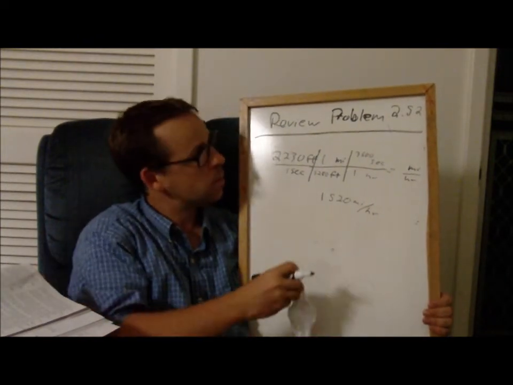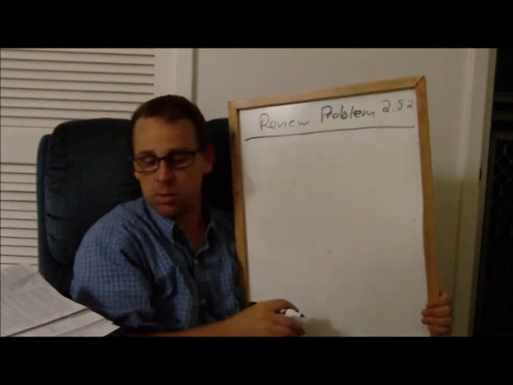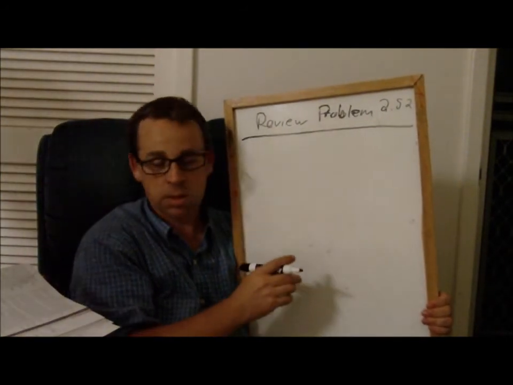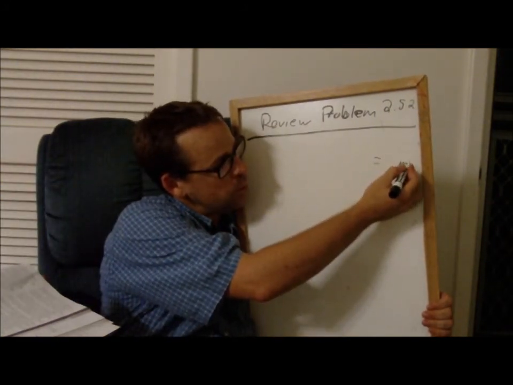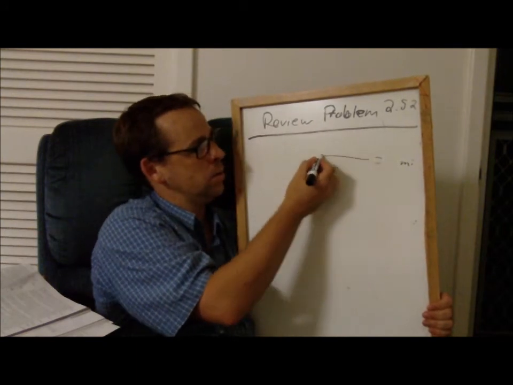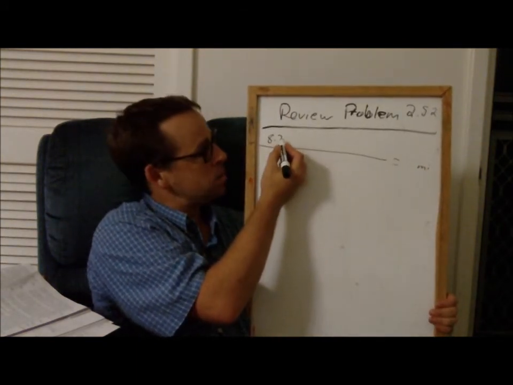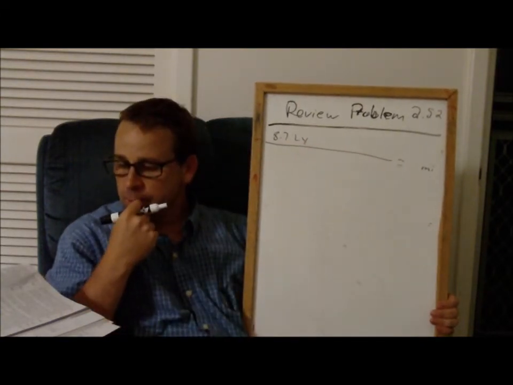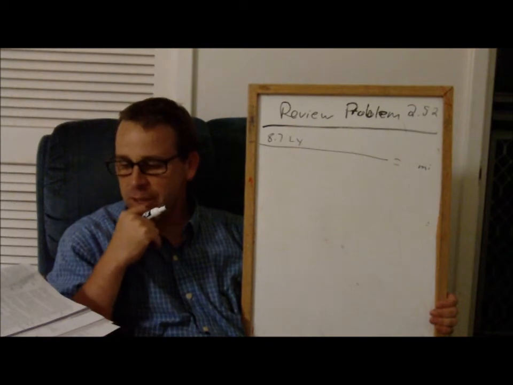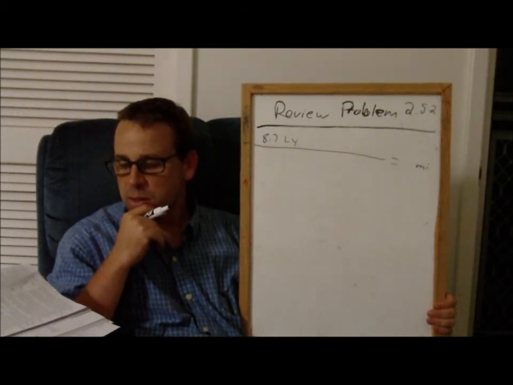So we're at 252, right? 8.7 light years is how many miles? The unit we want it in is miles. The unit we have it in is 8.7 light years. I'll call that LY. A light year is the distance light travels in 1 year.